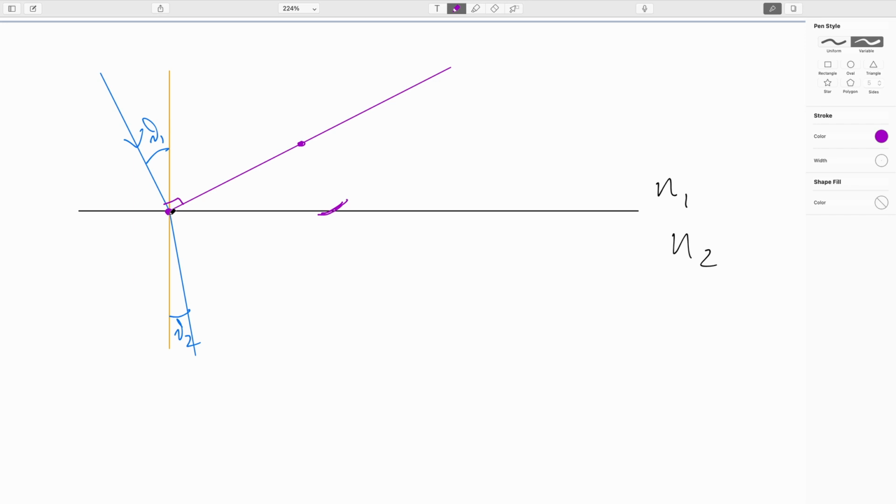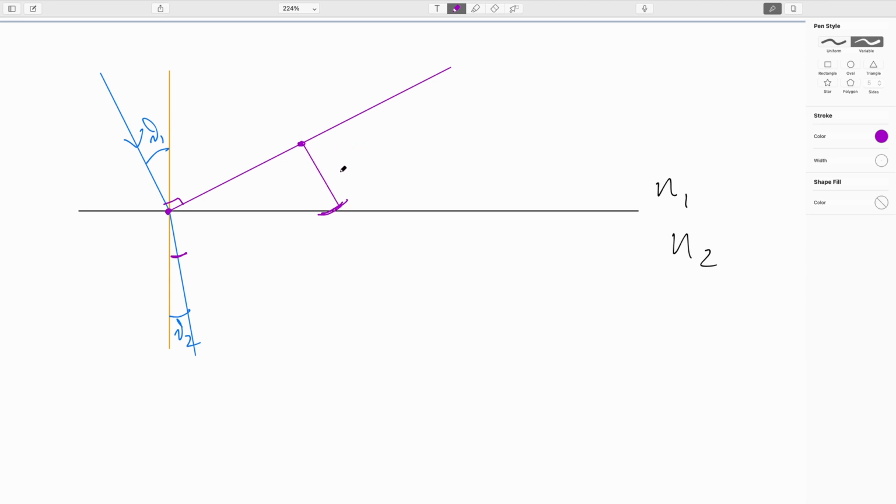But this wavelet here, since the way I've got this drawn, n2 is bigger than n1, meaning that the speed of light in this medium is slower than the speed of light in this medium, the wavelet emitted from here won't have had as far to travel. Okay, so then we can go ahead and mark off those distances there.